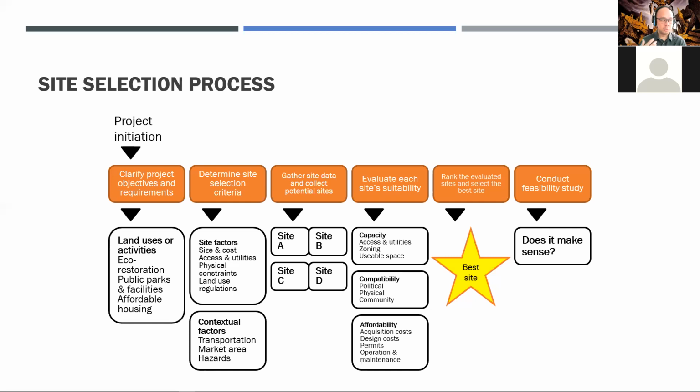So you may come and visit, talk to the local government, present your project and see if they can help you come up with site alternatives and options.